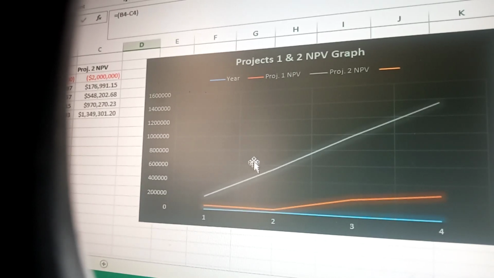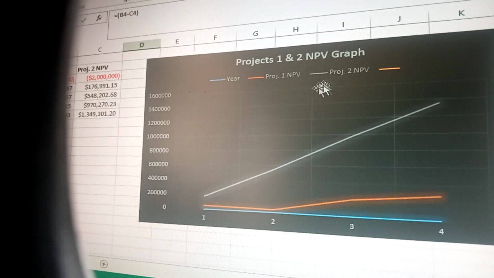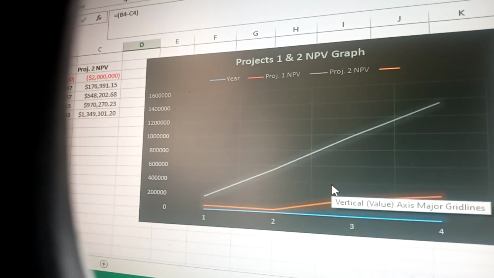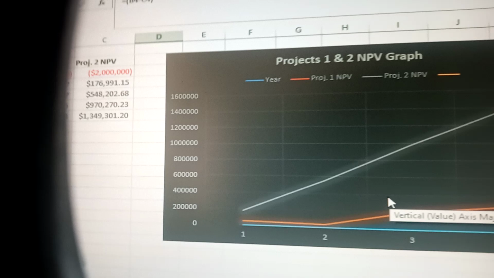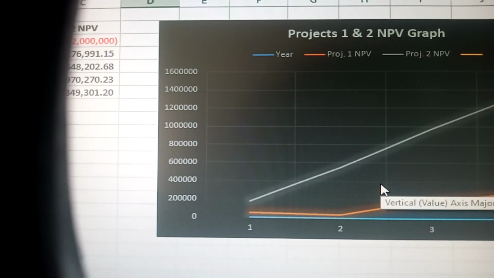The gray line is project 2, and this is project 1, and you can see the gray line far above project 1's curve. So it is more beneficial to consider the new project versus restoring the old one.